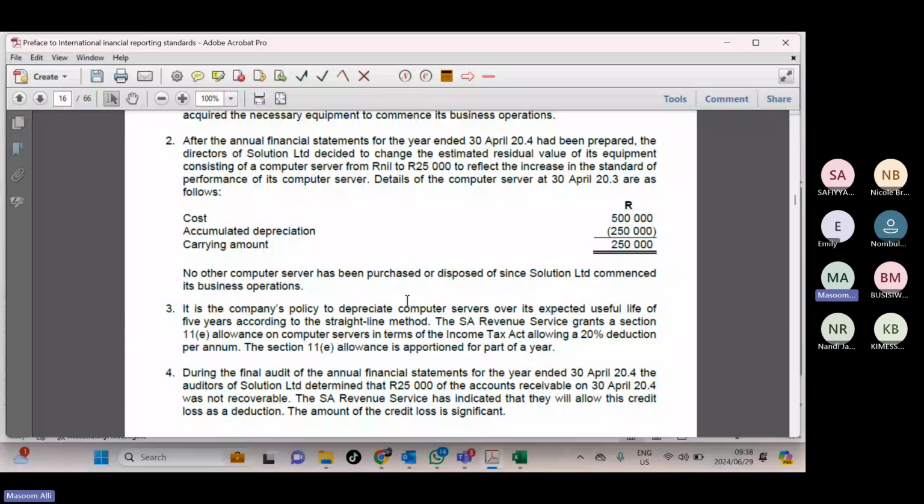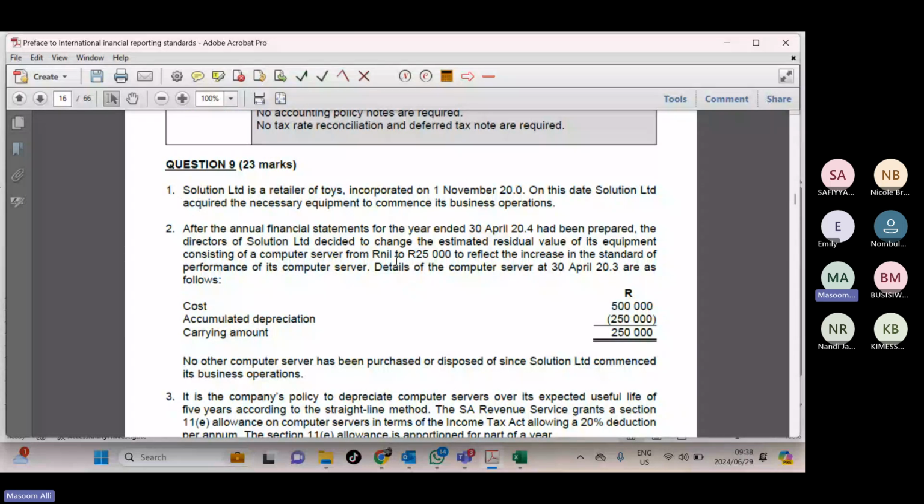And what did it say? That the change in carrying amount is basically going to be... the tax base was, I mean, not the tax base, rather the residual value was 0, and now it's gone to 25,000, right?